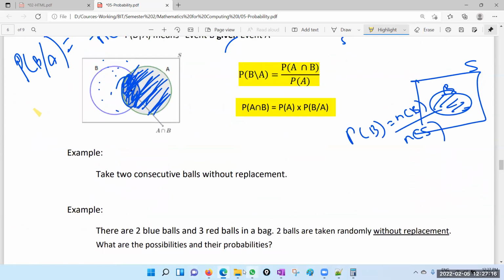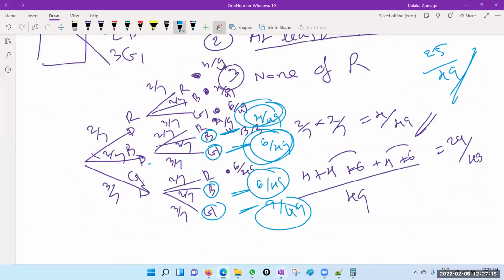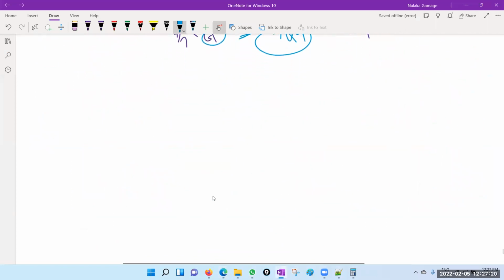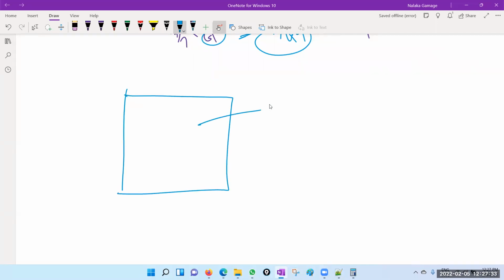Right. So let's take a simple example. Say there are 6 girls and 5 boys.